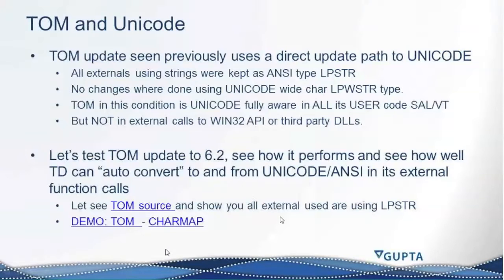Okay, so let's see how Tom performs without making any changes. All we did was upgrade it to TD 6.2 from TD 1.5. See how it performs in terms of Unicode characters and all.